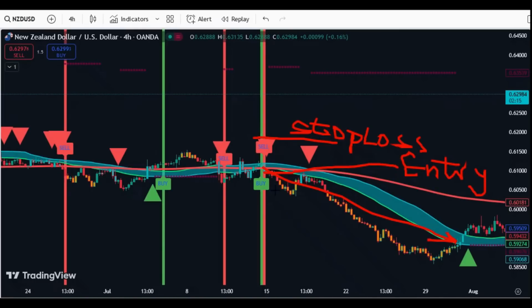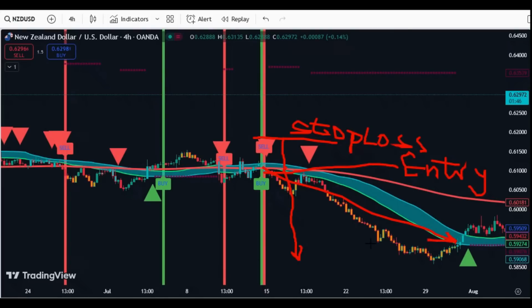Here, for instance, after receiving a buy signal, I just have to set up my stop loss at the previous level, where you can see at this point. If you set up your stop loss here, it will be easier that if in case the market goes against you, which happens from time to time, you will be able to take a minimal loss from the market.